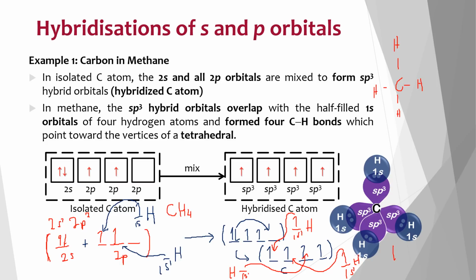And lastly, another hydrogen can come to form its bond with the carbon. So right now it is possible for carbon to form 4 bonds with hydrogen. This is because carbon has 4 places for the hydrogen to come and share the electron.